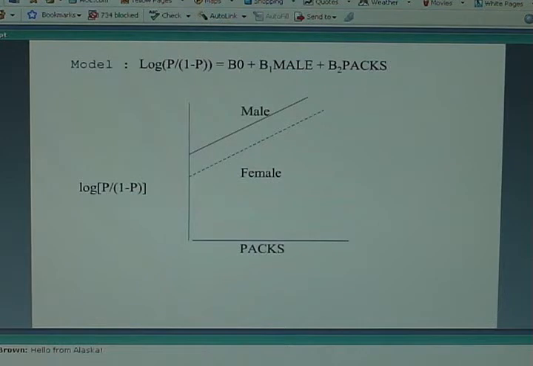There's a straight line with an intercept of B0 and a slope of B2. Males, on the other hand, have a value of 1 for male. This model says a male smoker's log odds of disease is B0 plus B1, but again, B2 times pack, another straight line with the same slope, and now the intercept is B0 plus B1.